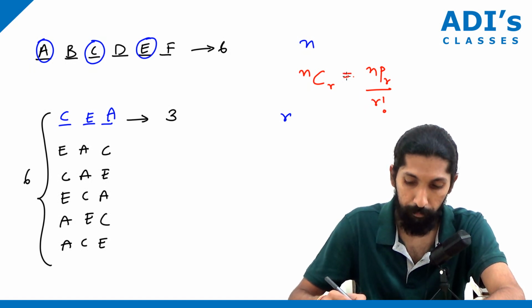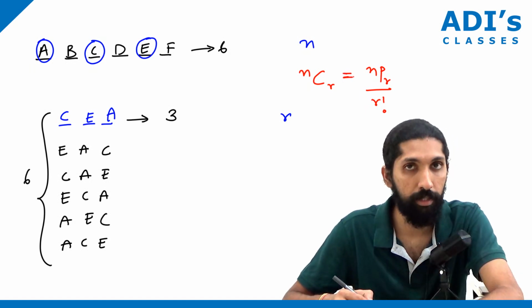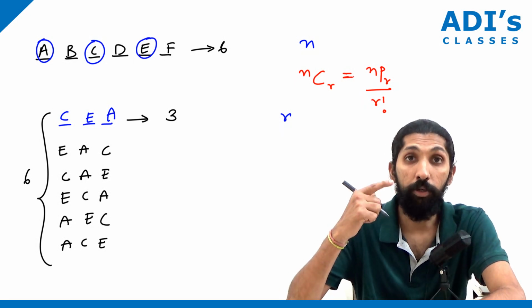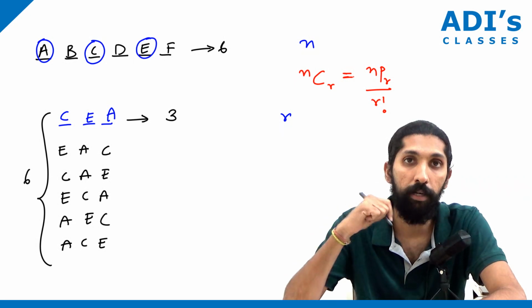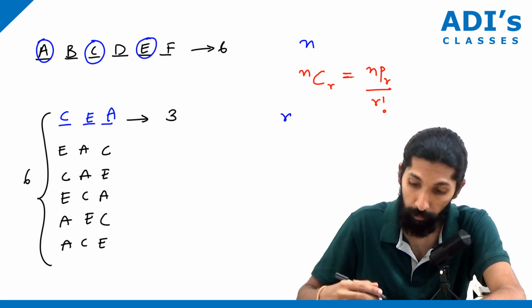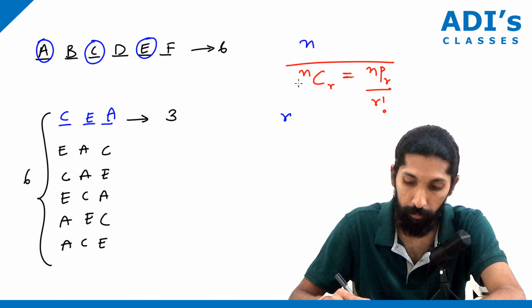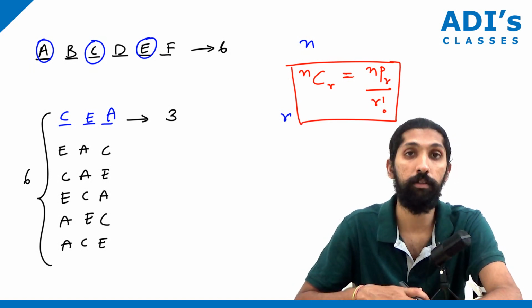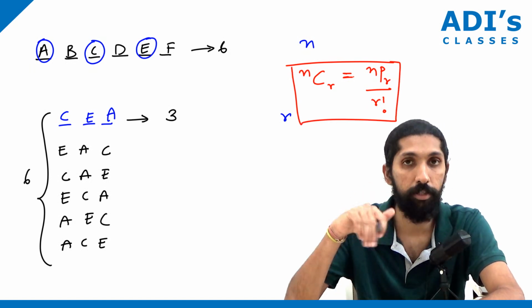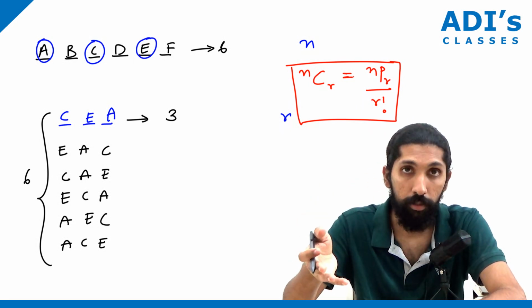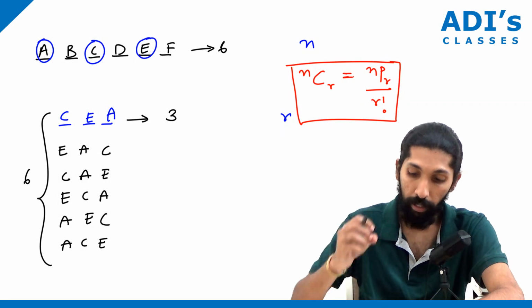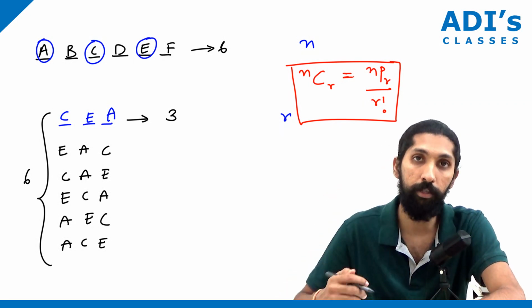Let me ask you a very simple question. When you keep on eliminating the repetitions, what is repeated subtraction? Division. That's why we divide by r factorial, because that is repeated subtraction. You keep on doing repeated subtraction, that's nothing but division. So nCr is equal to nPr divided by r factorial.